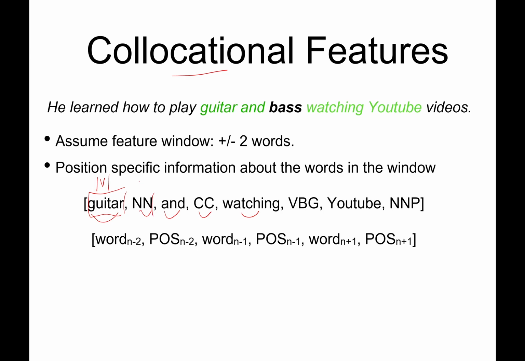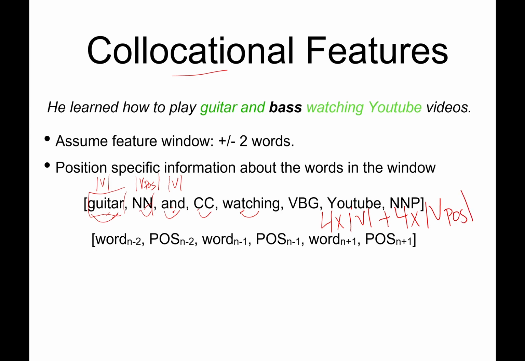This one is going to be the size of the vocabulary of the POS tags, the tag set. So this vector is much bigger: 4 times the size of the vocabulary plus 4 times the size of the vocabulary of POS tags.